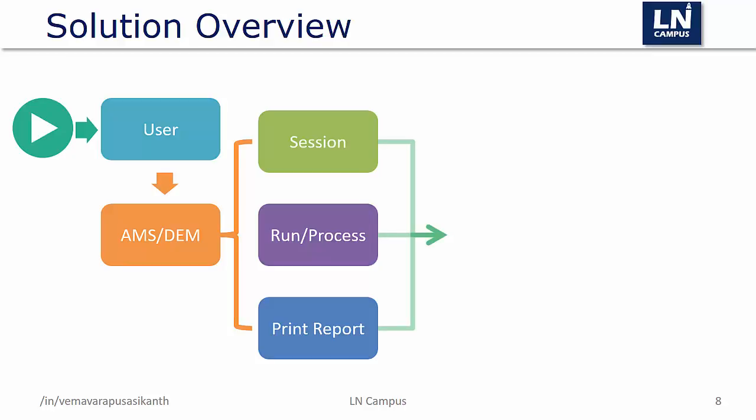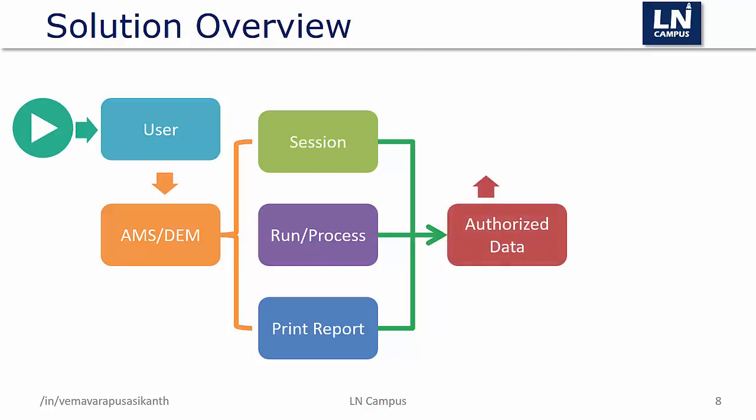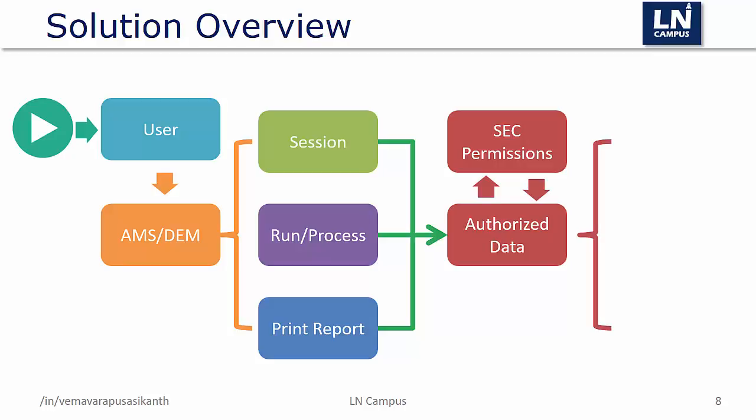Once it goes through the AMS or DEM validation, LN requests the sec module for the authorized data for the current user. Then as a last step, it displays the right data to the user which is relevant for him. The result is that sessions are opened with the right and secured data.